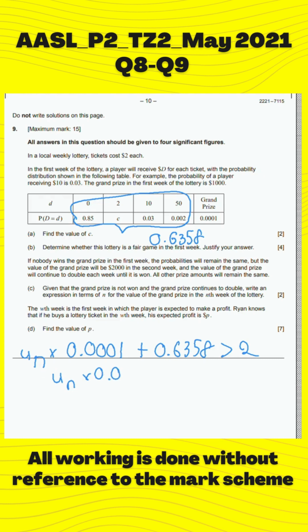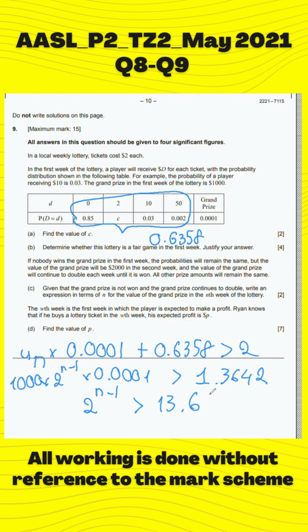So we will substitute Un with the answer in C. So Un will be 1,000 multiplied with 2 to the power n minus 1, multiplied with 0.0001, which must be bigger than 1.3642. So 2 to the power n minus 1 must be bigger than 13.642. So n is 5.